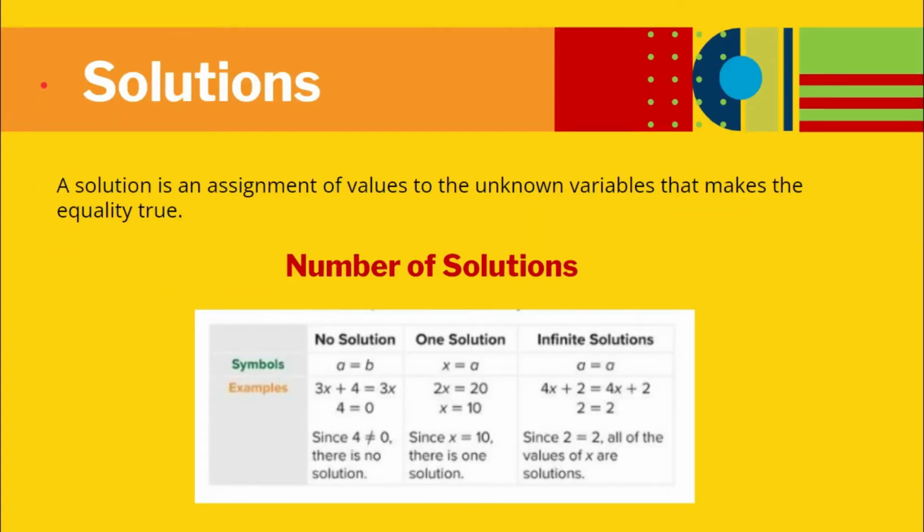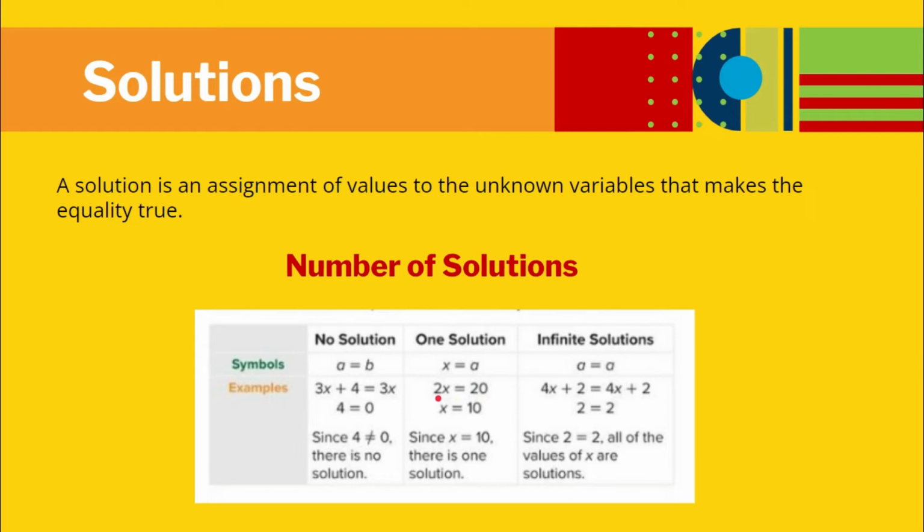Our second vocabulary word is solutions. The solution to an equation is the value of the variable that makes the equation true. There can be different numbers of solutions. Some equations will have one solution, such as x equals a, or 2x equals 20.